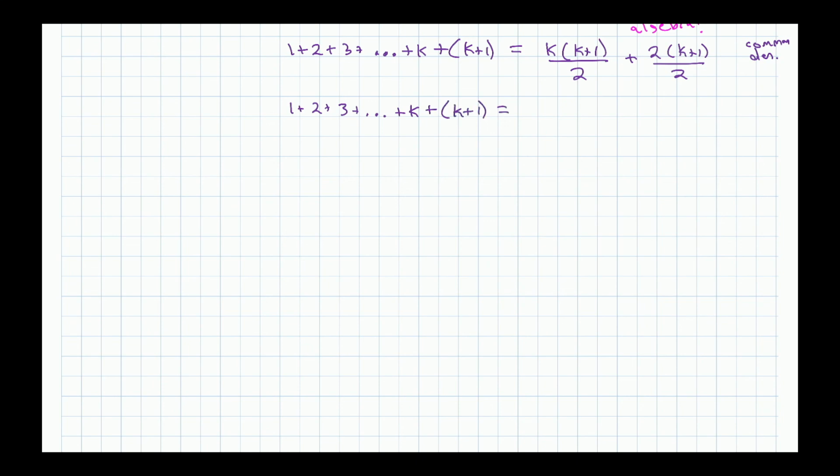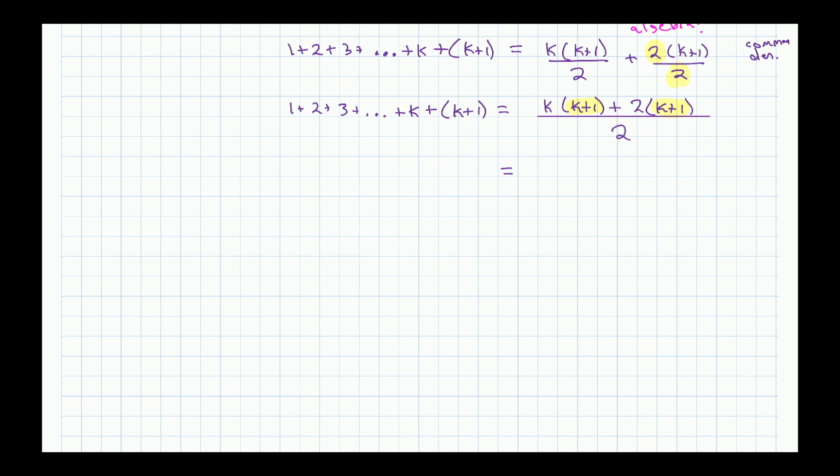So now that you have a common denominator, you can put those in the same fraction. So you've got k plus 1 plus 2 times k plus 1. All right. Then what I should do is recognize that I've got a k plus 1 here and a k plus 1 here, which means I can factor out a k plus 1.